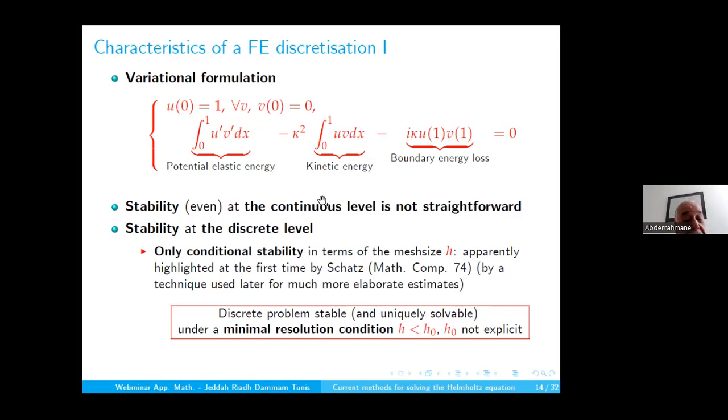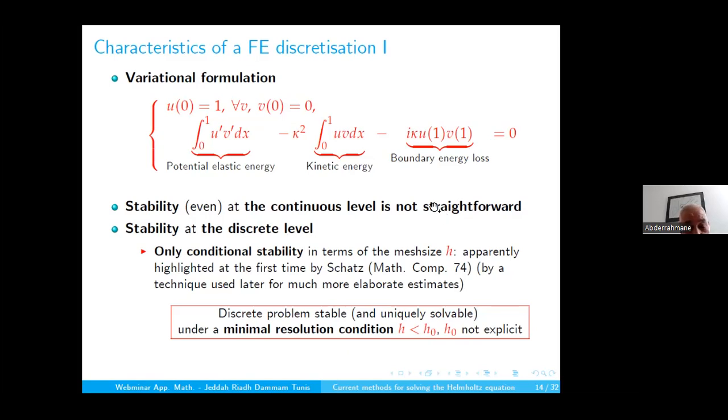And difficulty in the solution and difficulty in the analysis also of the problem. The first difficulty is the stability. Even at the continuous level, the stability of this problem is not straightforward.